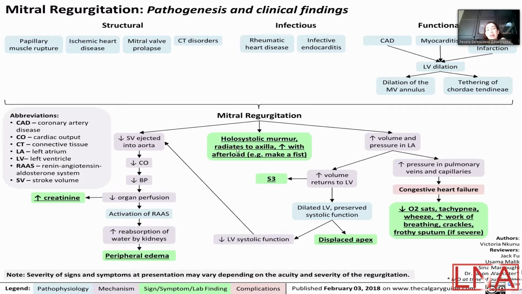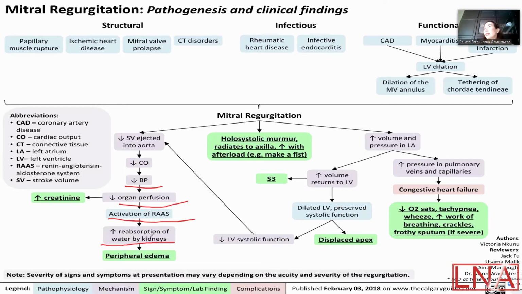So, mitral regurgitation decreases the ejection fraction into the aorta, reducing the volume or cardiac output to the aorta during the systole, leading to decreasing cardiac output. Decreasing cardiac output leads to decreasing blood pressure, leading to decreasing organ perfusion, leading to activation of the renin-angiotensin-aldosterone system due to hypoxia, and increasing absorption of water by the kidney. It is a compensatory mechanism.